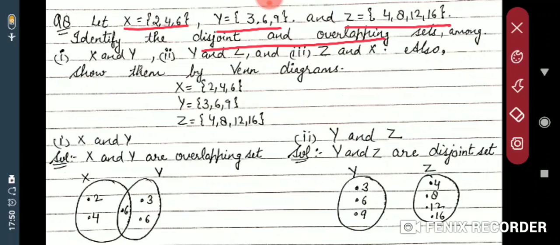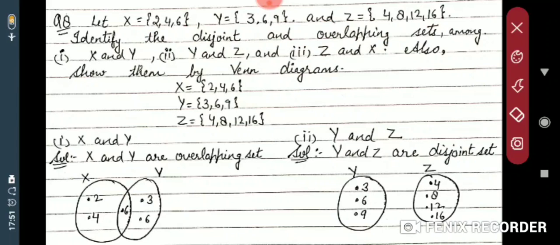Disjoint set means a set which is having no common element. Disjoint means a set which does not have any common element. Overlapping set is a set which is having a common element.